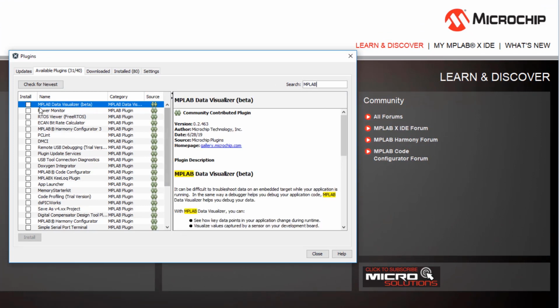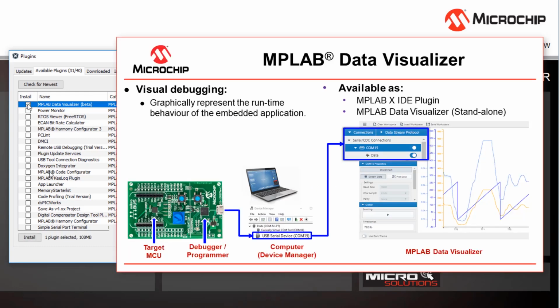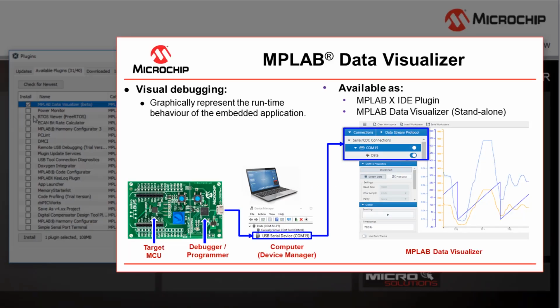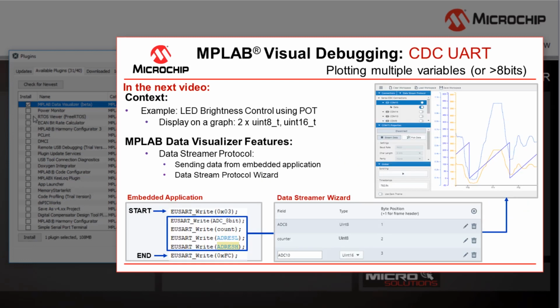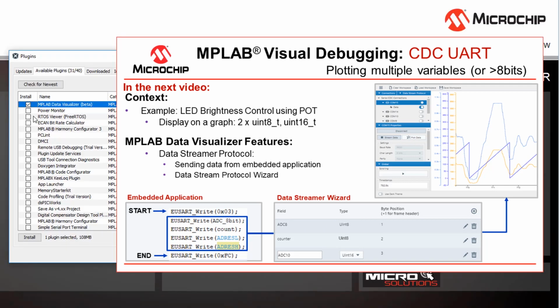The first is the MPLAB Data Visualizer, which is a tool to help you analyze the runtime behavior of the application, available as a plugin or standalone, and covered in a series on MPLAB visual debugging.